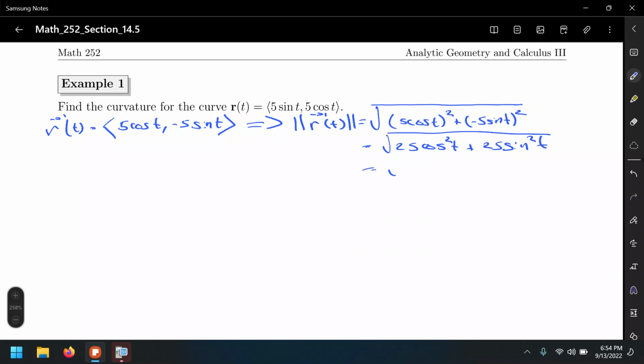If we factor out a 25, we will be left with cosine squared t plus sine squared t. And we know this identity, cosine squared t plus sine squared t equals what value? 1. Times 25 is 25, and the square root of 25 is 5.